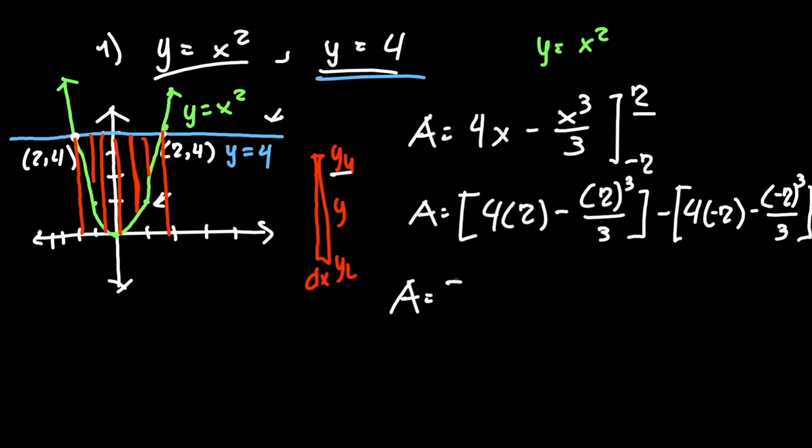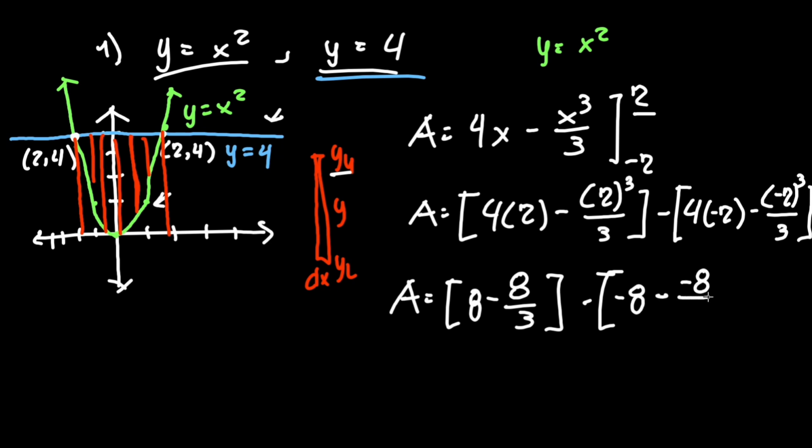4 multiplied by 2 would be 8. 2 cubed would be 8 over 3. 4 multiplied by negative 2 would be negative 8, minus negative 2 cubed would be negative 8 over 3.